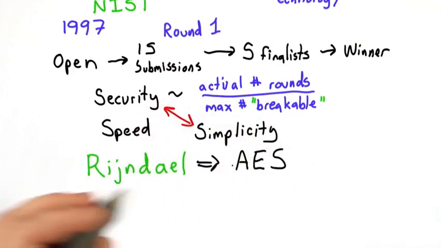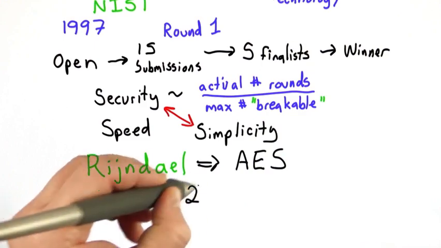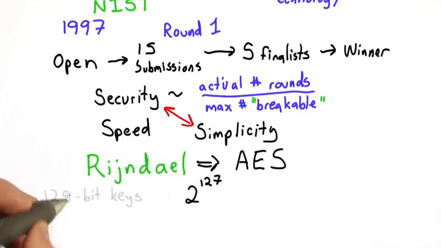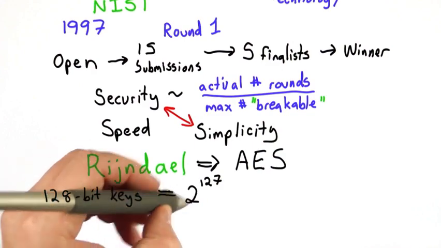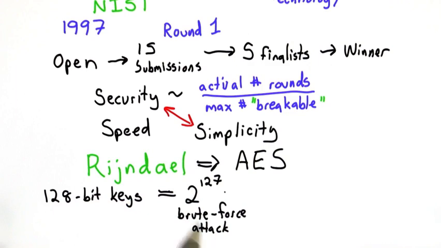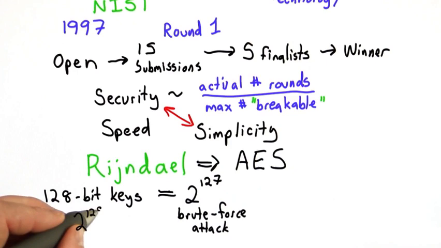The best known current break against AES is very theoretical. With 128-bit keys, a brute force attack that tries every possible key would require, on average, 2 to the 127 attempts. You've got 2 to the 128 total keys, and you expect to find the key after testing half of them.